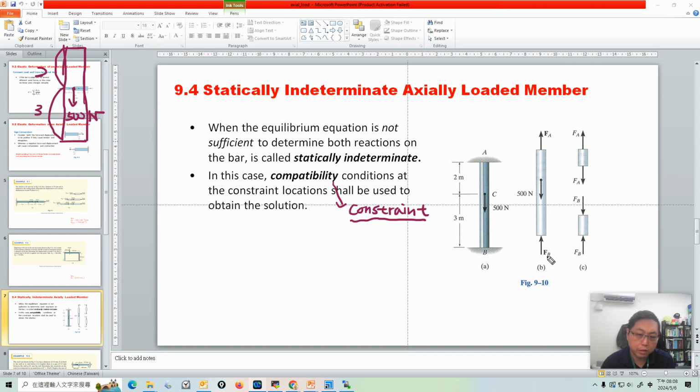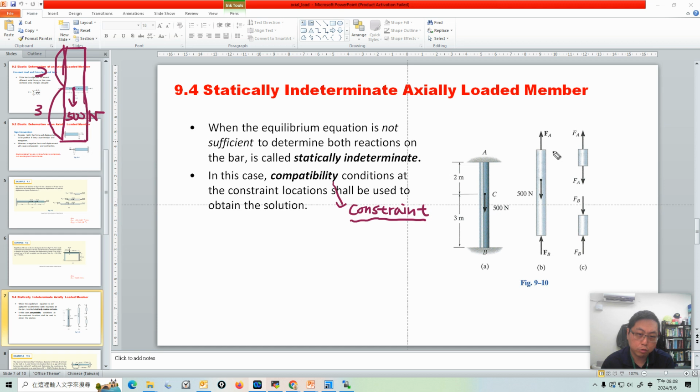The textbook assumed one end is tensile and the other is compression. But actually, I'm not that smart, so if I don't know the direction of the force, I will assume everything is tension.